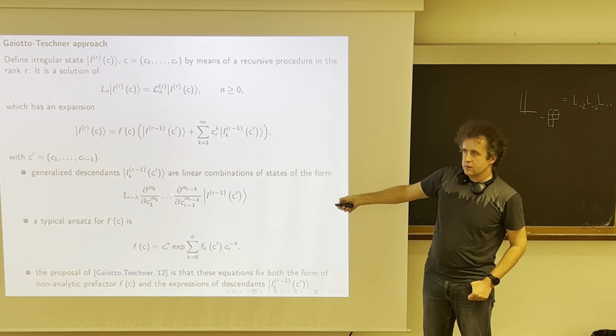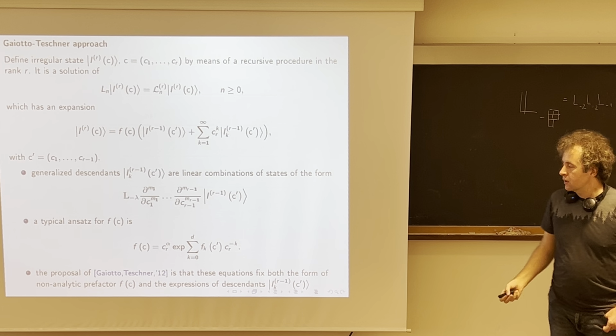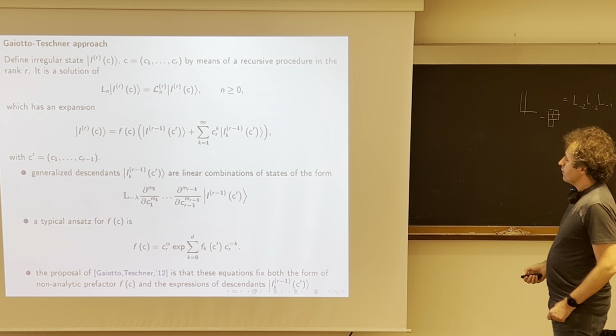Okay. And you have some prefactor here, which is a function of all these parameters C, which is unknown at the beginning. And now the proposal is that these equations fix both the form of this prefactor and the form of the generalized descendants.